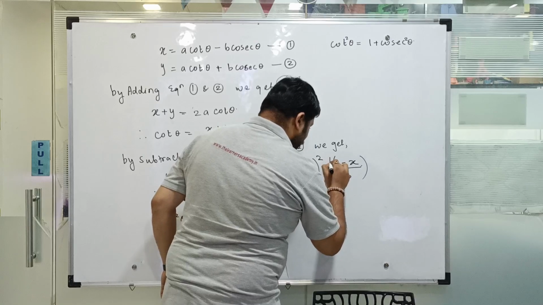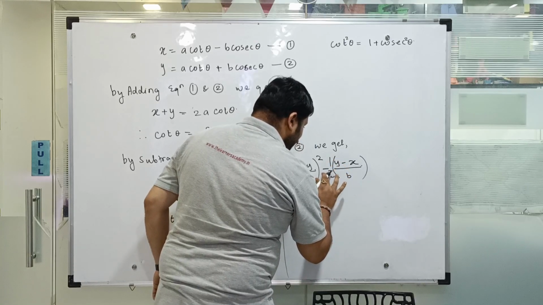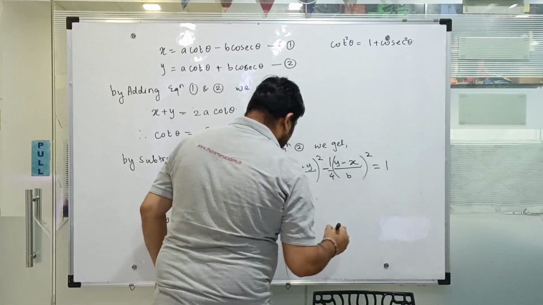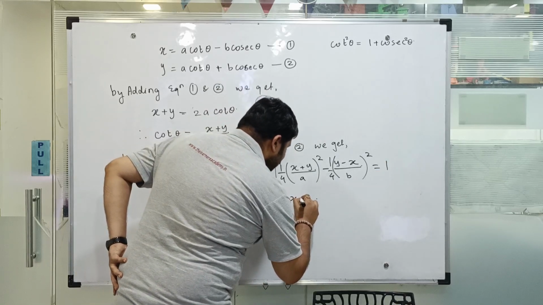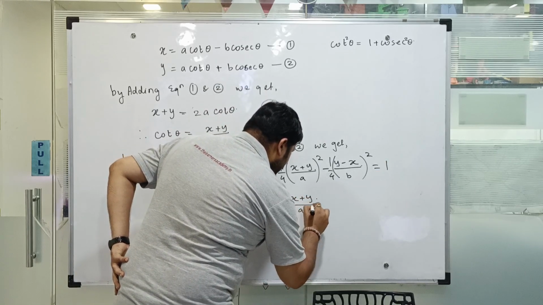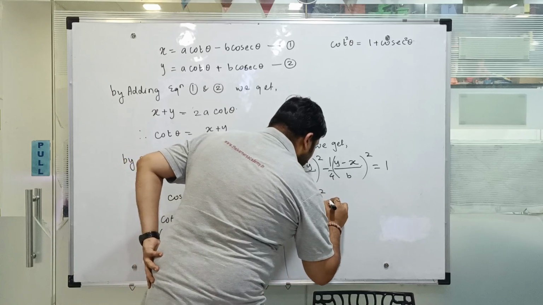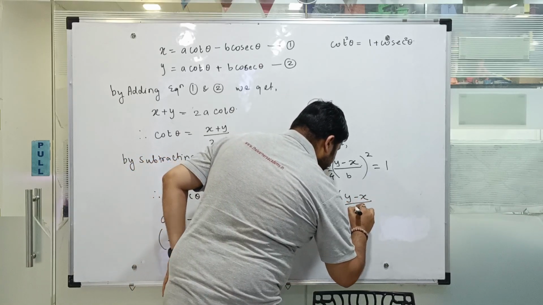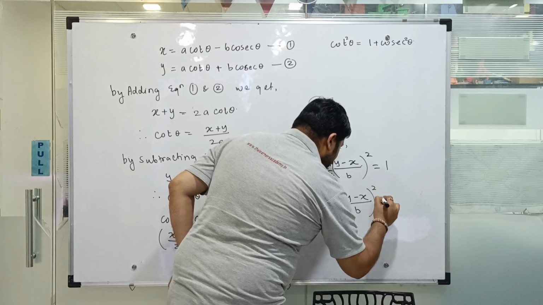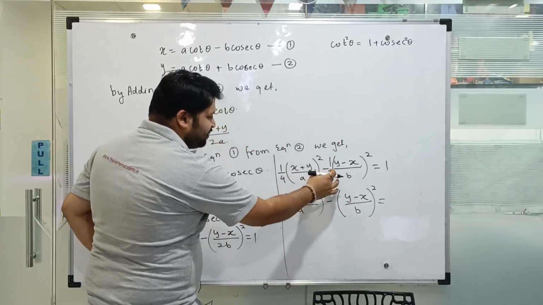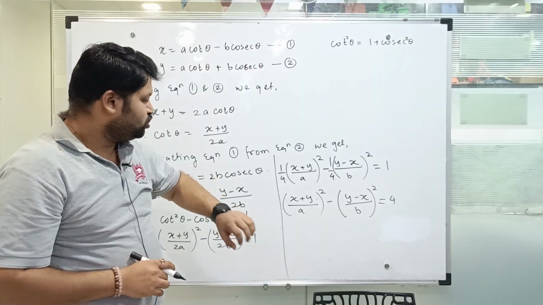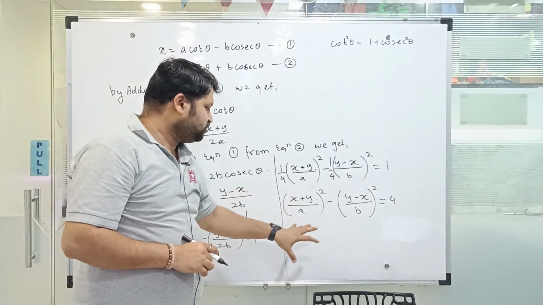Now this 2 can also be taken outside and I'll get a 1 by 4 here as well, and square it would be equal to 1, or I can say (x plus y upon a) square minus (y minus x upon b) square is equal to, now both these 4's can be taken common and taken to the other side, and I'll get a 4 here. So this would be my final answer.